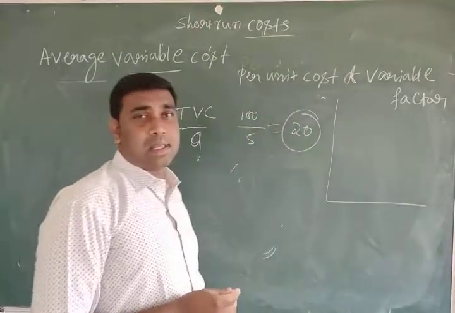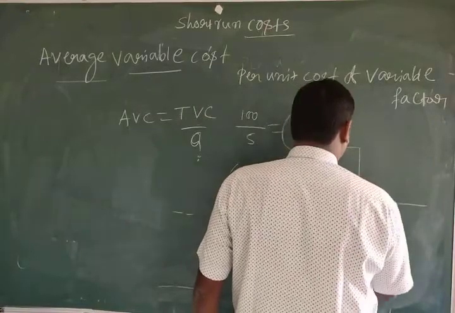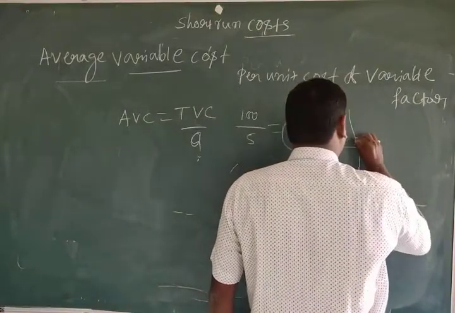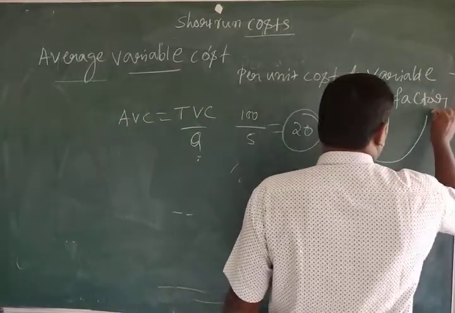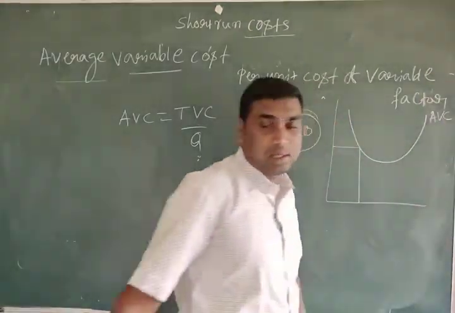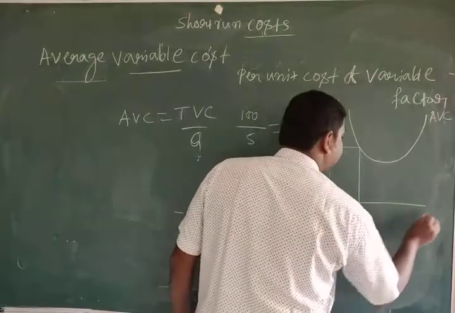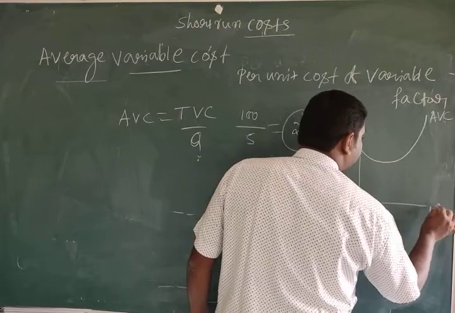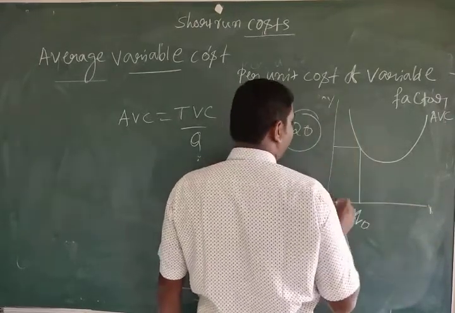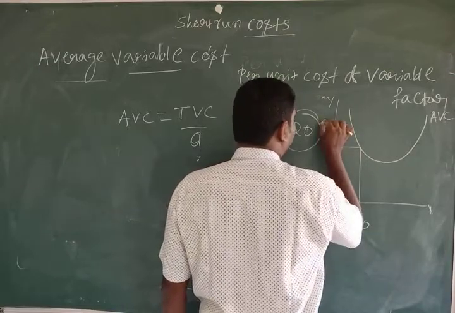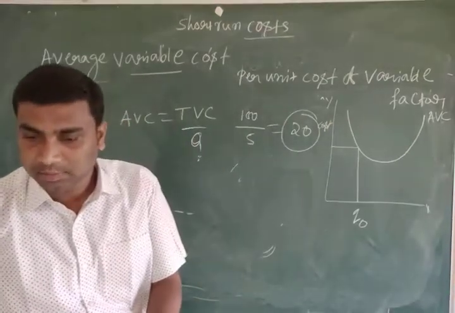So actually it is a U shape. AVC should be a U shape only. This is the AVC. This is cost.